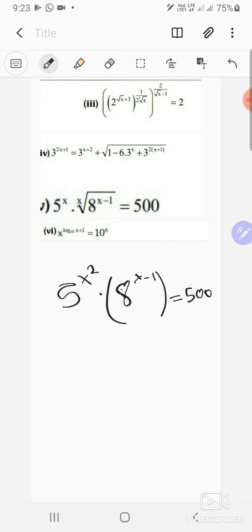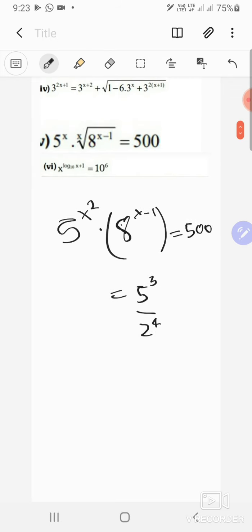What can we do from that? The 500 is like 5 raised to 1, and then you have 25, so 5 raised to 3, upon you have 100, so like 2 raised to 4, something like that. Okay, so this is like 5 raised to x squared times 2 raised to 3x minus 3 is equal to 5 raised to 3 times 2 raised to negative 4.